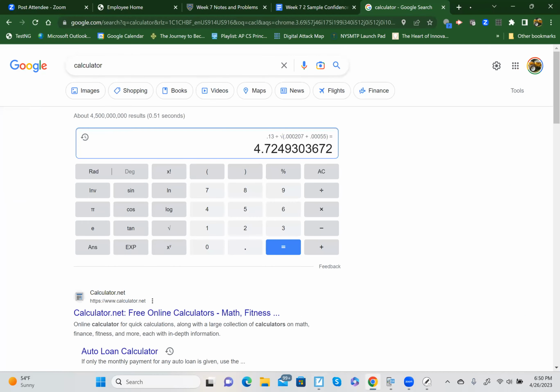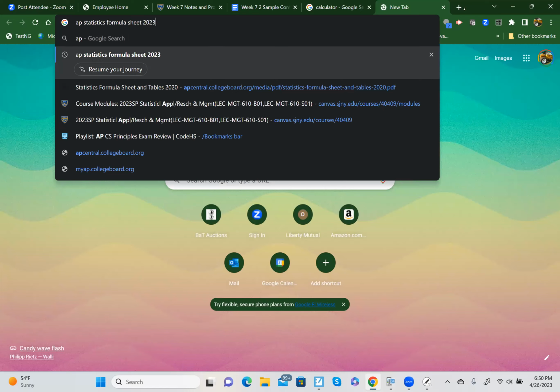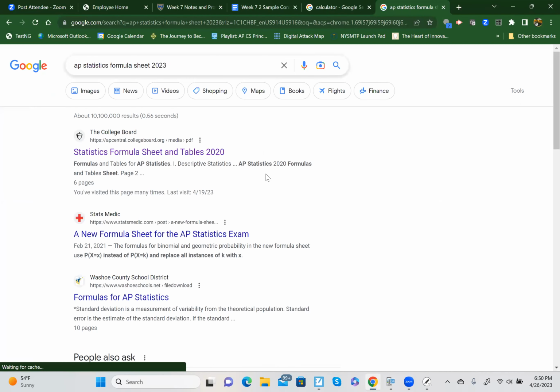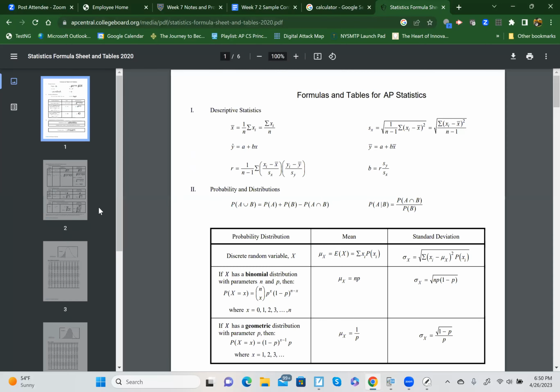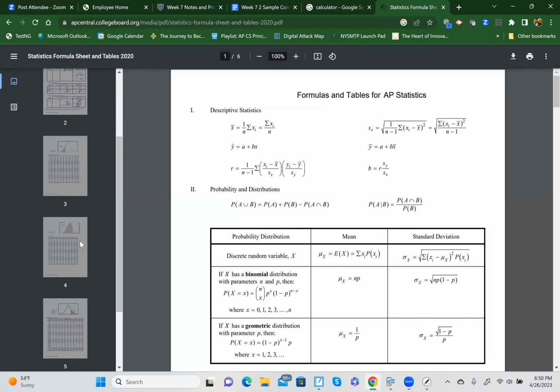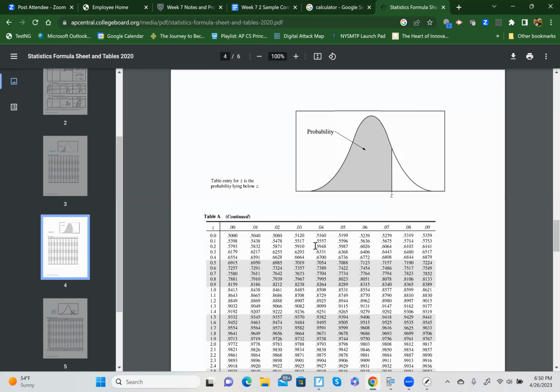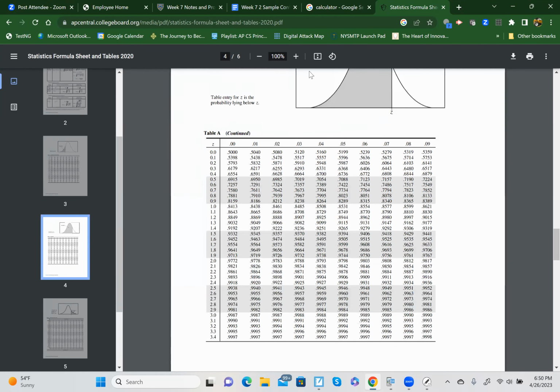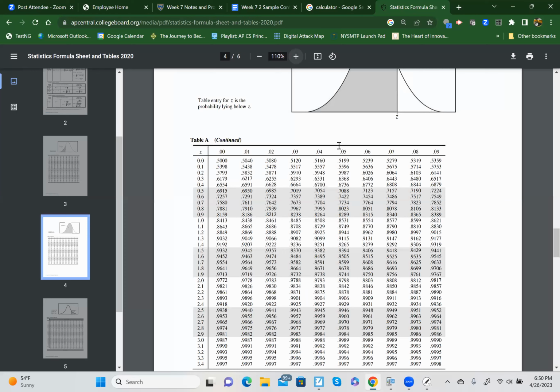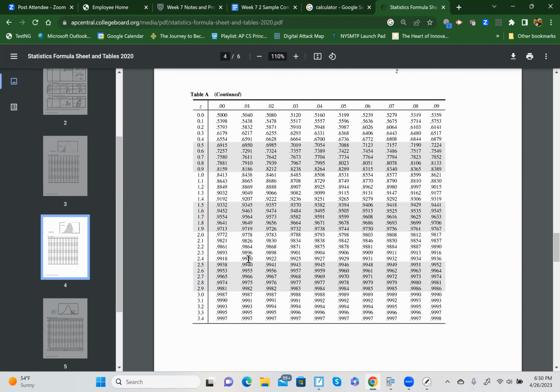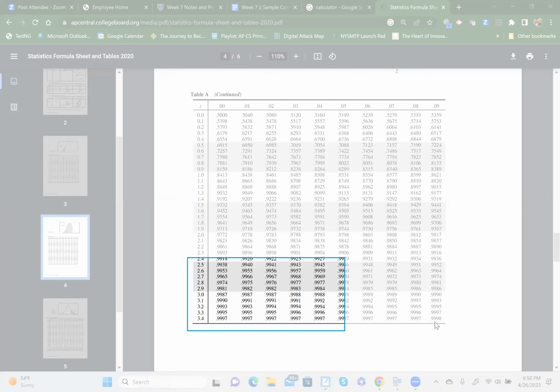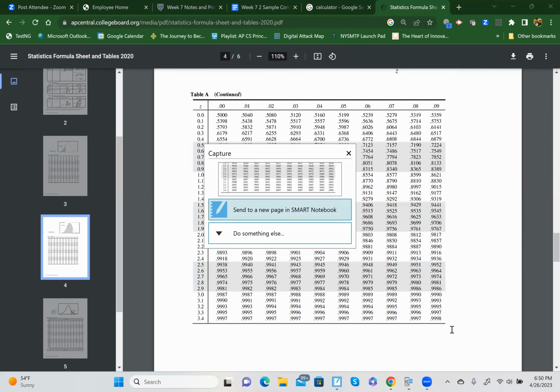So let's go look at the chart. So let's just search AP statistics formula sheet. Here it is. This is one way I type in AP statistics formula sheet to find a chart. I'm looking for a z-score of positive 4.72, and you're going to have a problem here. So let me show you what the issue is going to be. So you'll notice if I look at this chart, on the bottom row, the biggest number I see there, let's take a look what we got.